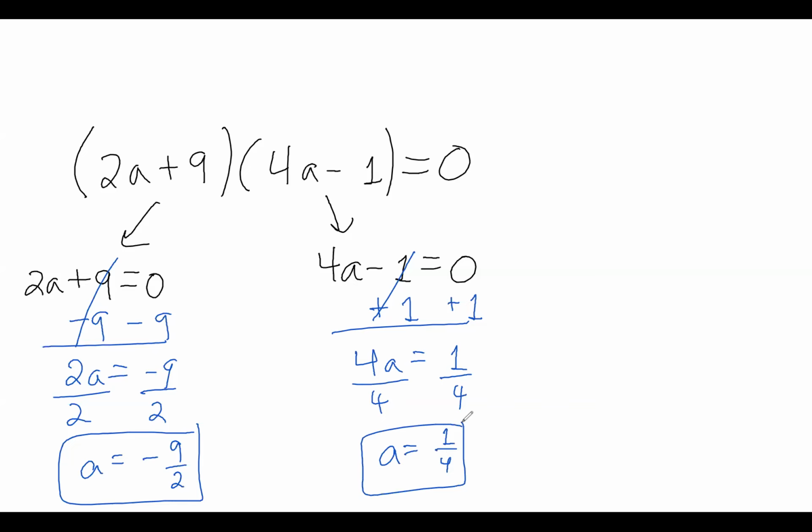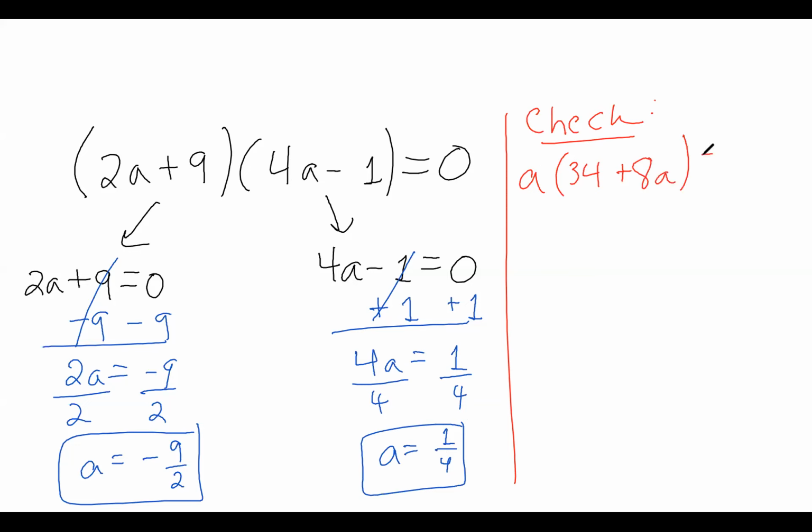Okay, and finally, let's check, and I think we can handle it this time. Let's check both. We'll start with the negative 9 over 2. Now's a good time to remember what our original problem was. So here it was: a(34 + 8a) = 9.